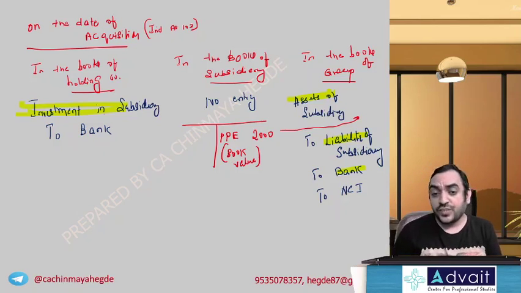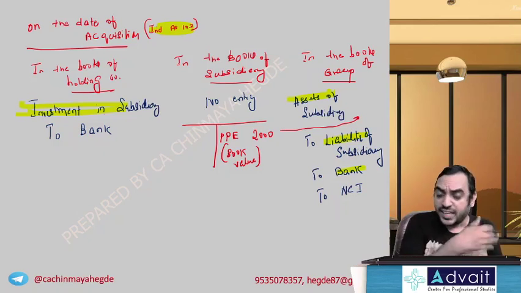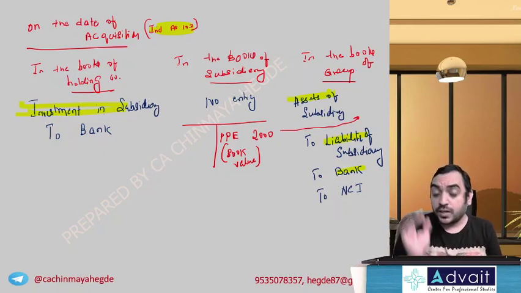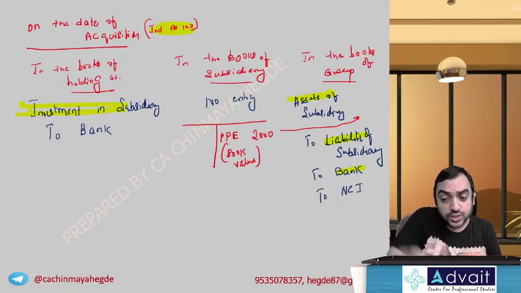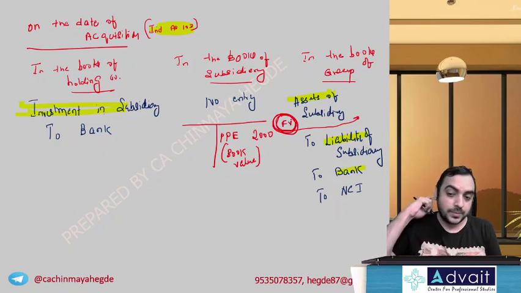Here we have to apply Ind AS 103. So what does Ind AS 103 say here? When you take over, the subsidiary will have their books of accounts whatever they want, but when the acquisition happens, the group opens the books by acquiring the subsidiary company, and this PPE shall be taken over at fair value basis.